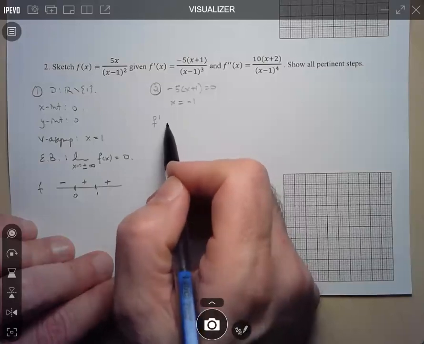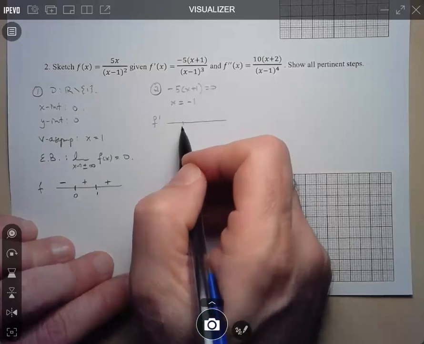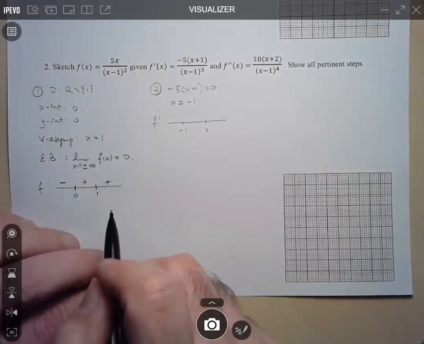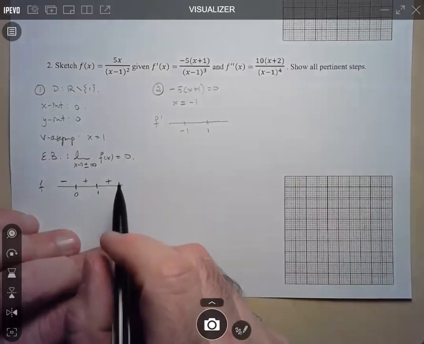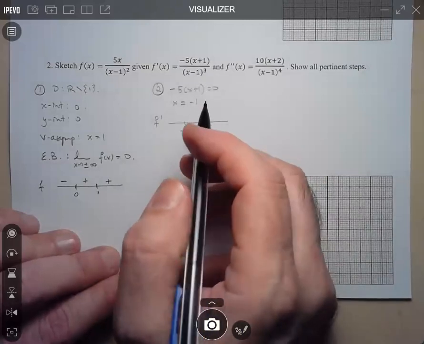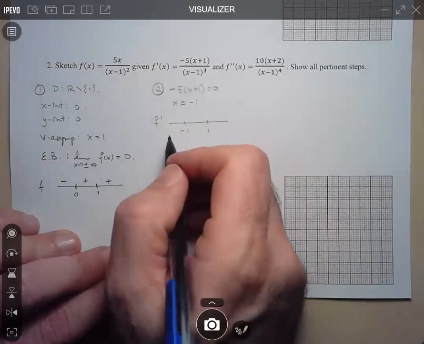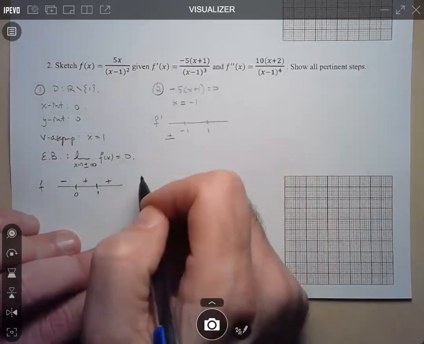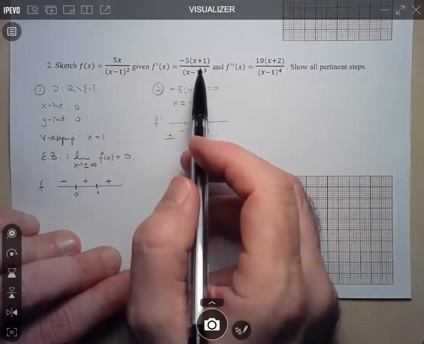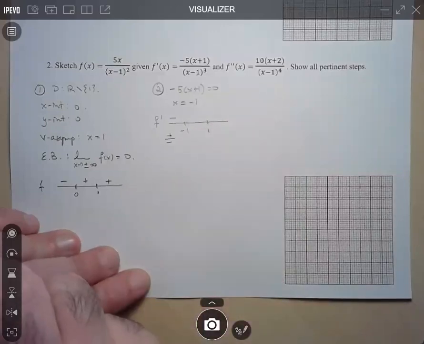So now f prime, I'm going to determine its sign, and we have to look here at -1 and +1. Those are the only two places it can change sign. Now here I do have to be careful because the denominator is being cubed, so I do have to take it into account. So let's see if I take -2. -2 plus 1 is negative times negative, so positive in the numerator, and -2 minus 1 is a negative number, cubed is still negative, so it looks like it's negative on that side.